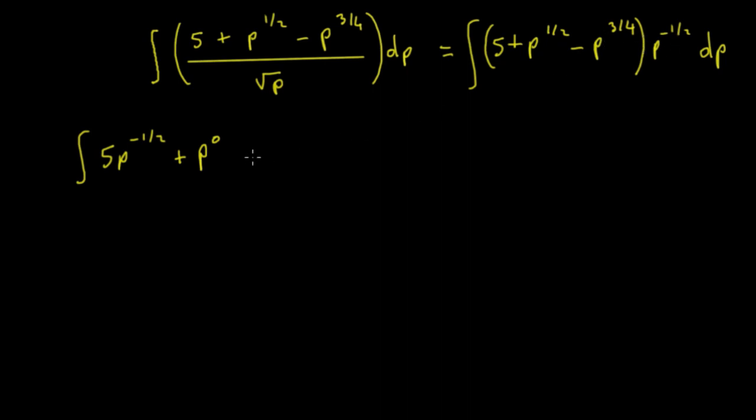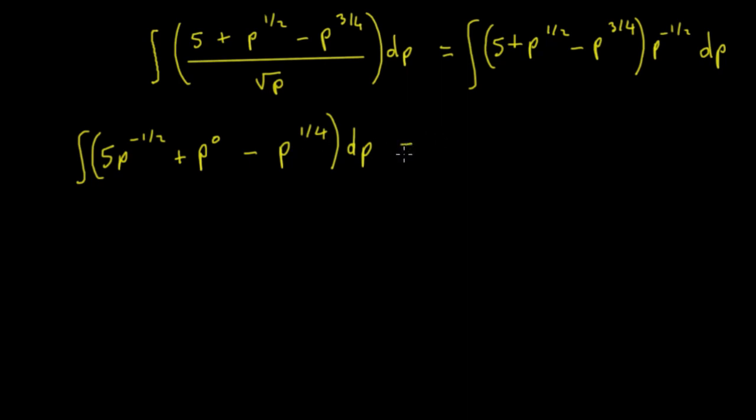And this one again is going to be minus, and when we multiply the indices we add, so it's 3/4 minus a half. So 3/4 minus a half is going to be 1/4. So it's p to the power of 1 upon 4. And that's all by dp.